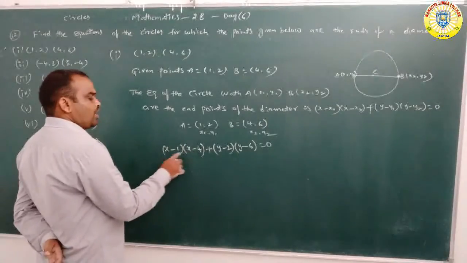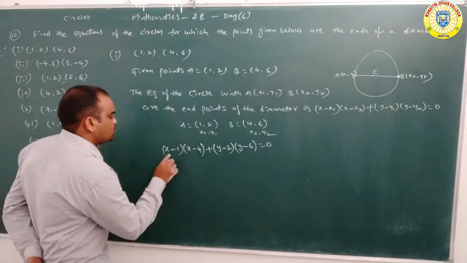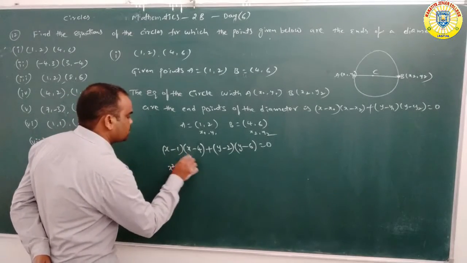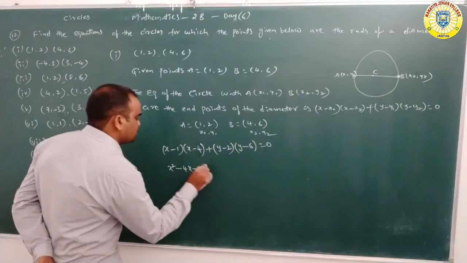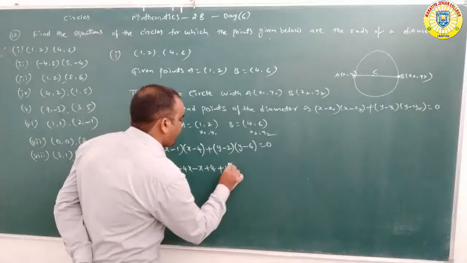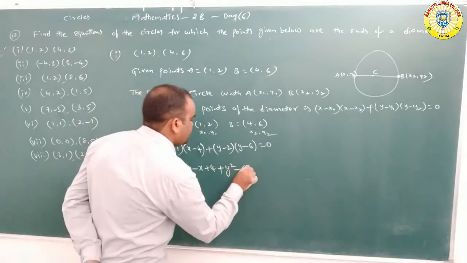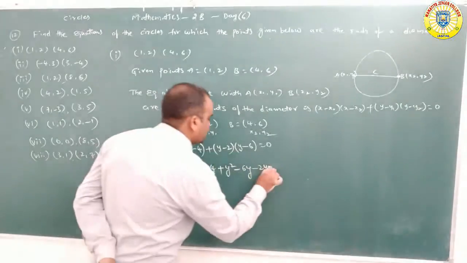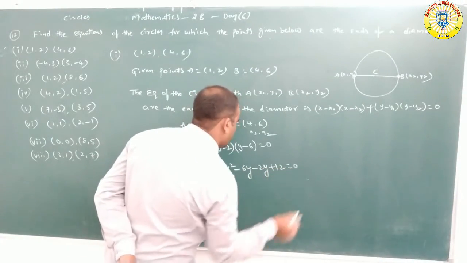Now multiplying these terms: x into x square, x into minus 4, minus 4x, minus 1 into x, minus x, plus 4, y into y square, minus 6y, minus 2y, minus 2 into minus 6 plus 12 equal to 0.